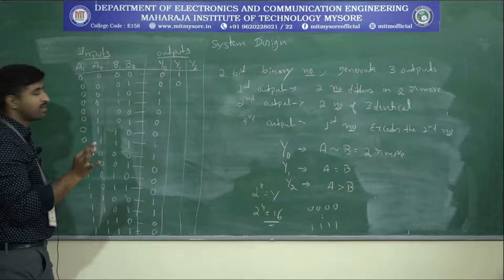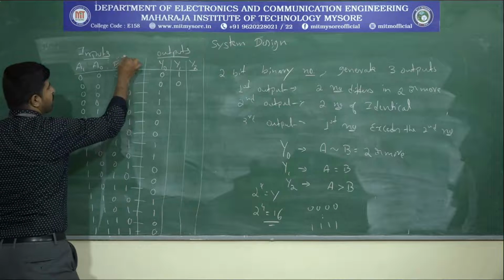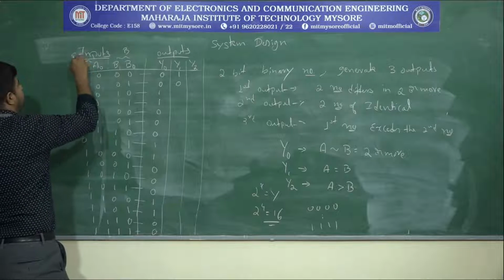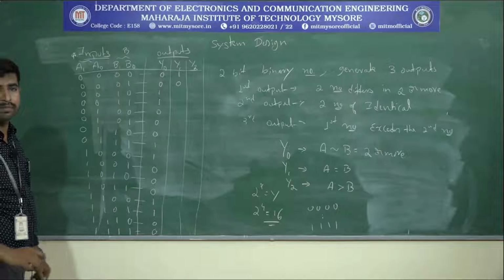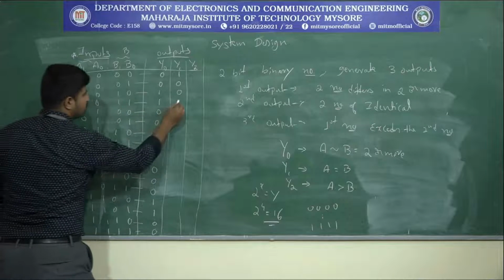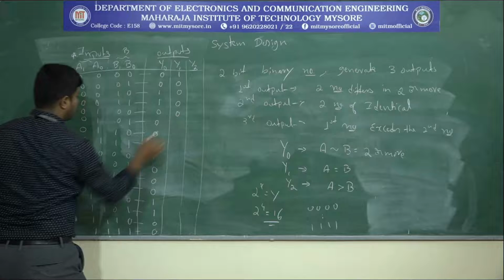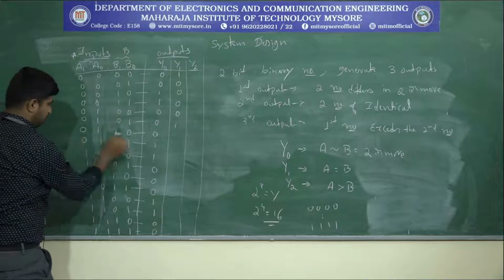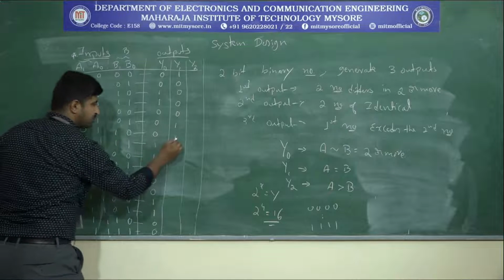Keep in mind, the first two bits together are A and the last two bits together are B. Identical gives 1, not identical gives 0.